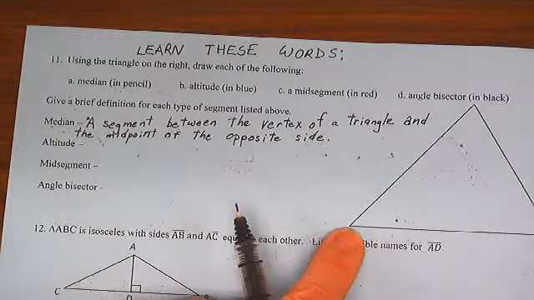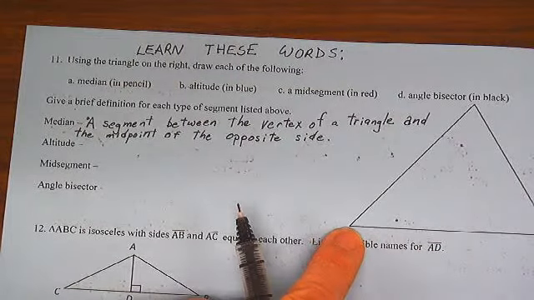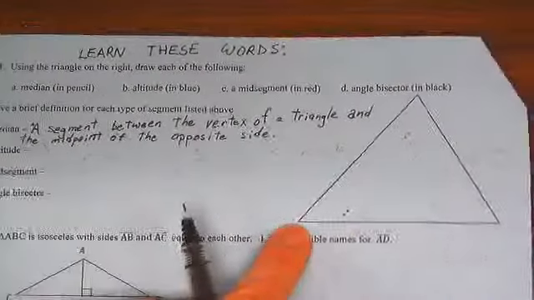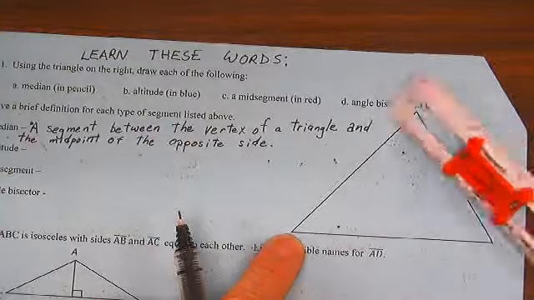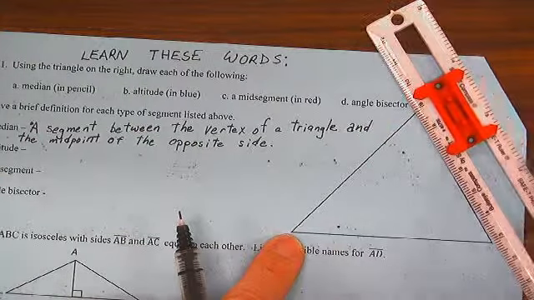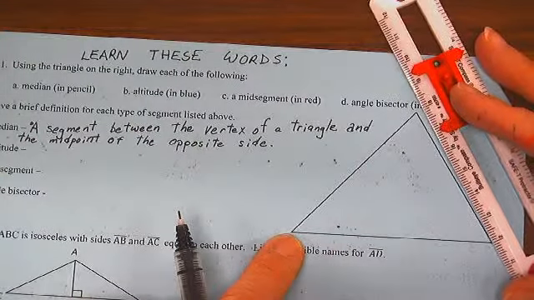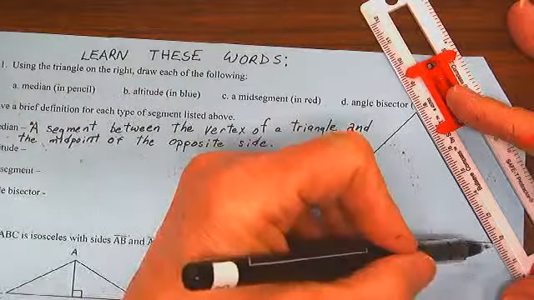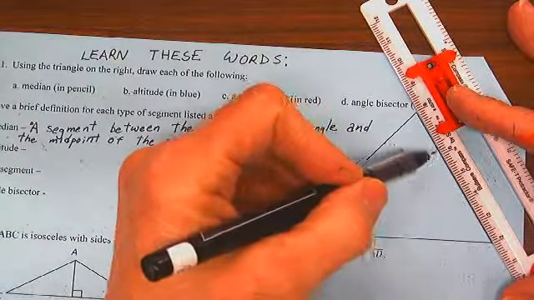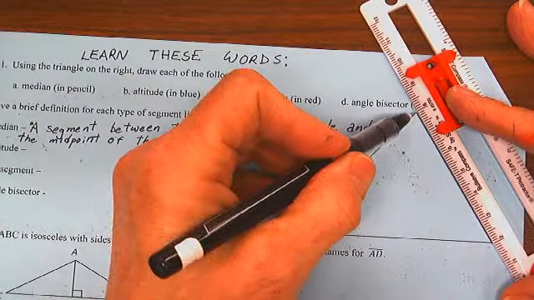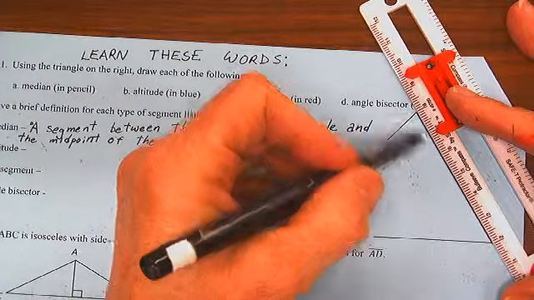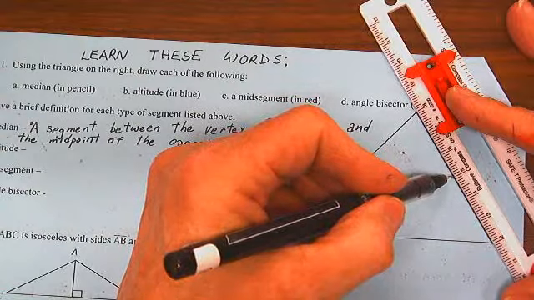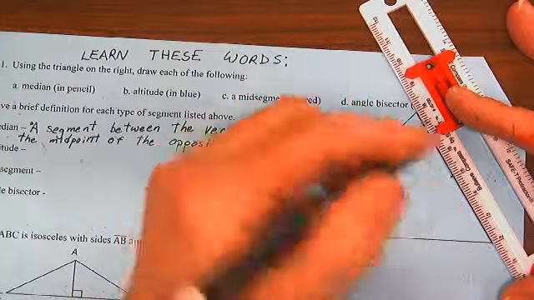Vertex and midpoint. Well, first I have to find the midpoint. How can I find the midpoint of this triangle? Well, let's see. I can measure the length: 1, 2, 3, 4, 5, 6 centimeters. Half of 6 centimeters is 3 centimeters.